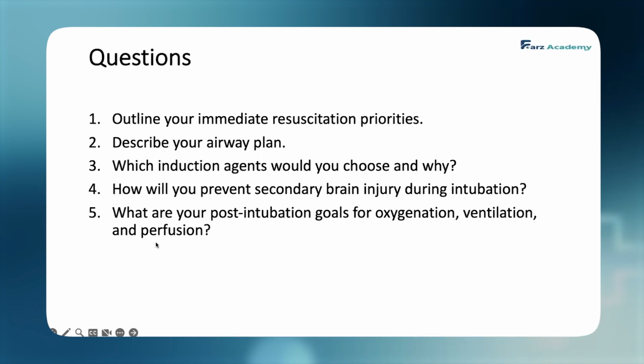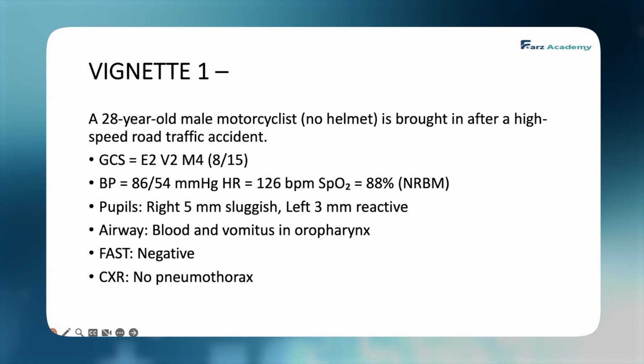Okay. So you mean to say that you want to first intubate this patient because the GCS is 8/15. So your threshold is GCS 9. And also you will intubate because the patient is hemodynamically compromised and there is blood and vomitus in the oropharynx, so there is a chance of aspiration.